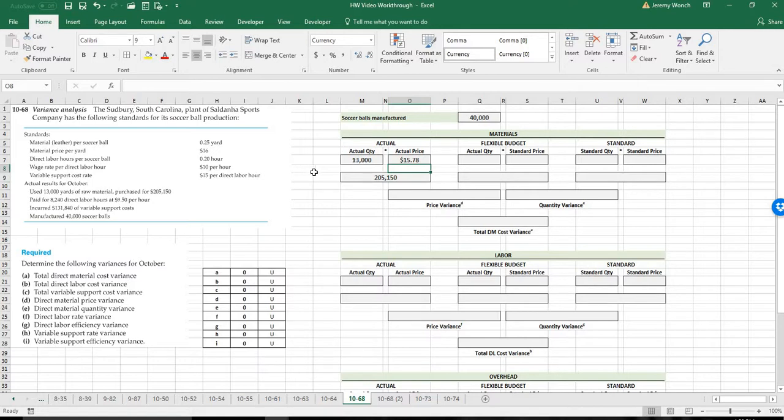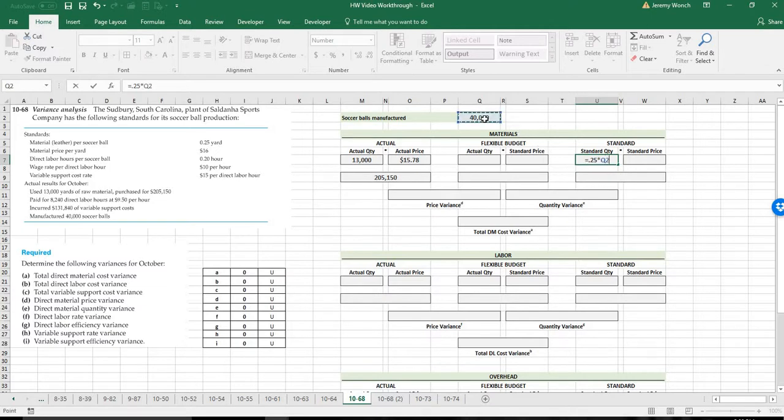All right, so let's jump over to the other side. This is going to be price per yard. If we go over here to standard, how much should we plan on using? It tells us that we planned on using 1/4 of a yard per soccer ball.